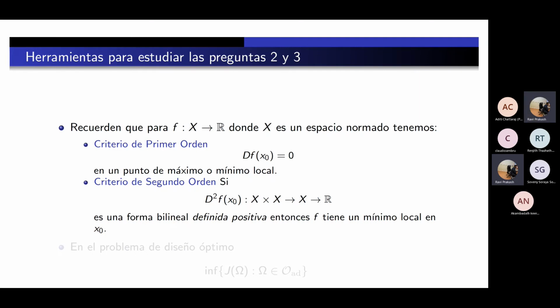Just to compare with what we do when we have a finite dimensional minimization problem, or even an infinite dimensional minimization problem, where the object of study is not a shape, but can be represented as points in some Euclidean or normed space, where there is a vector space structure.